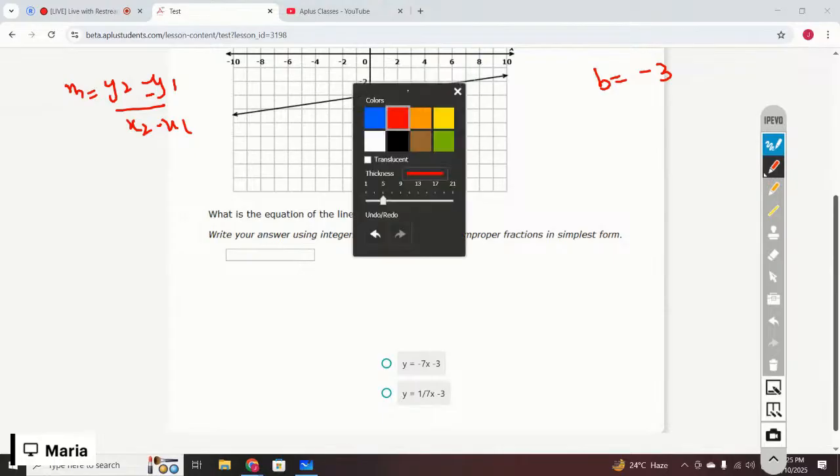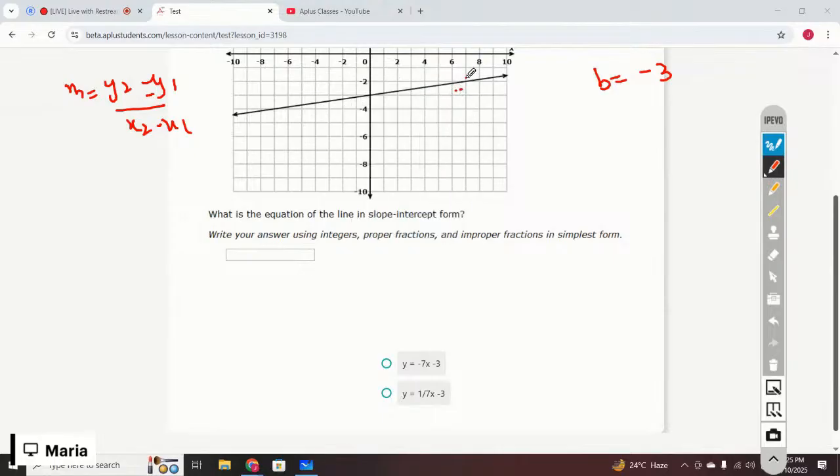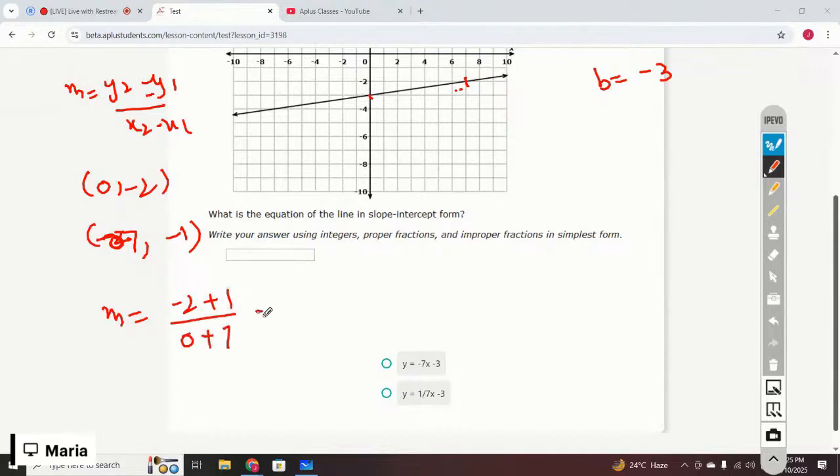Okay, here are the 2 points, 0 and -2, and the other one is 7 and -1, right? So the slope is -2 plus 1 over 0 plus 7, that is -1 by 7.